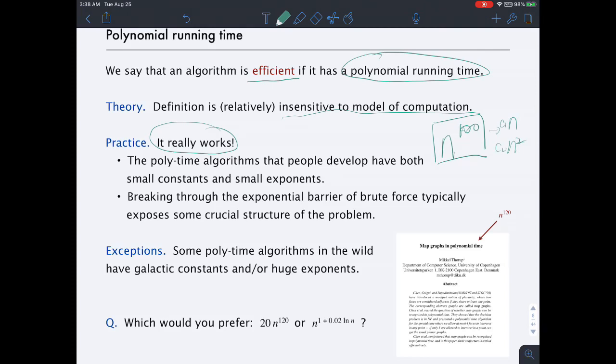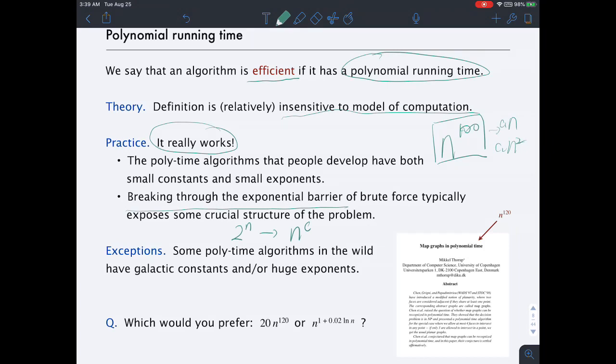And this is also another empirical observation. When people start to design an algorithm that moves from 2 to the n to n to the c, somehow we start to be able to break through the exponential barrier. Usually that means that we are able to identify some of the very key structures associated with the algorithmic problems.